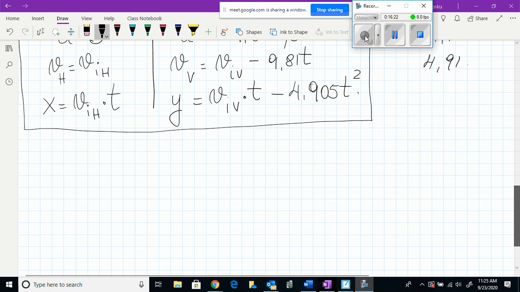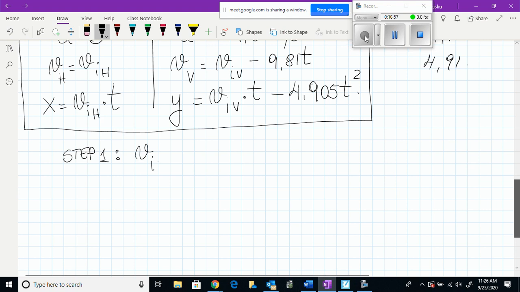Even as you see from those equations, the very first step when we have a projectile motion question is to find the horizontal component and the vertical component of the initial velocity. So as step 1, for everything, it doesn't matter what it is, always start with the horizontal component and the vertical component of the initial velocity.